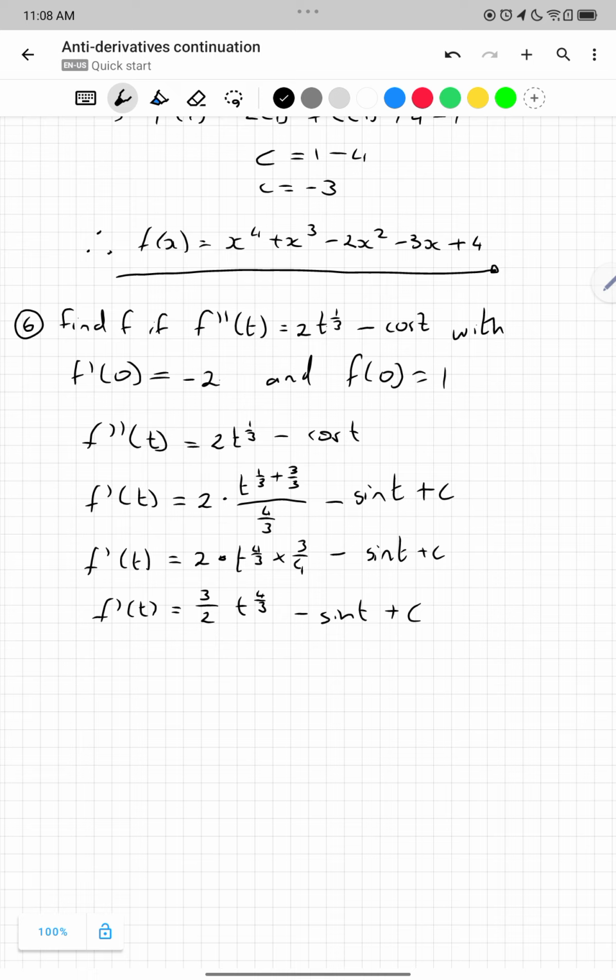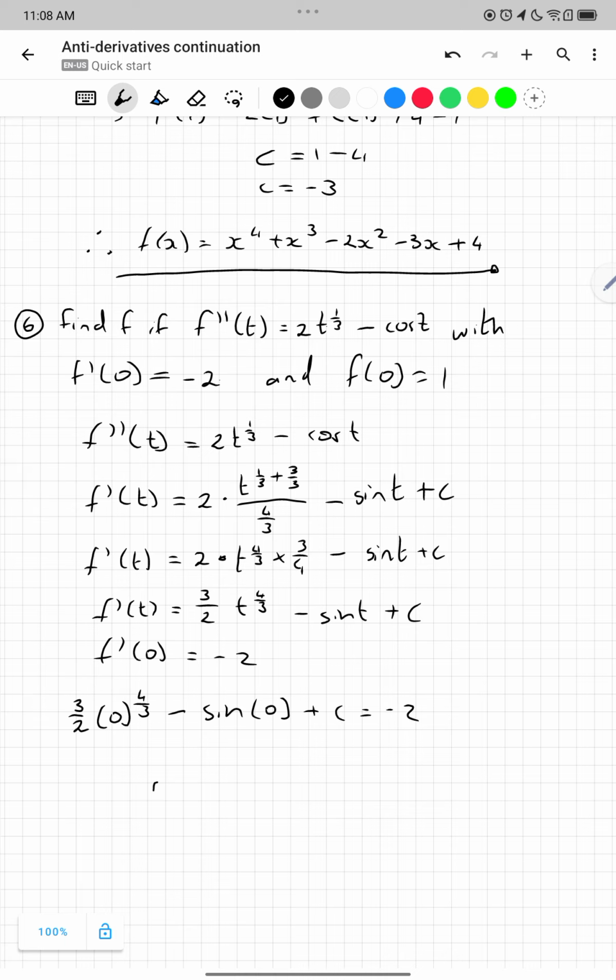So we are told that f prime of 0 is equal to minus 2. So what we have is going to be 3 over 2 times 0 to the 4 over 3, which is 0, minus sine 0 plus c is equal to minus 2.